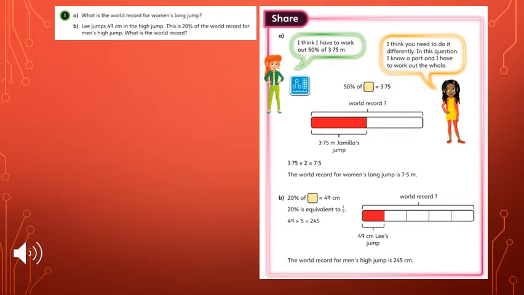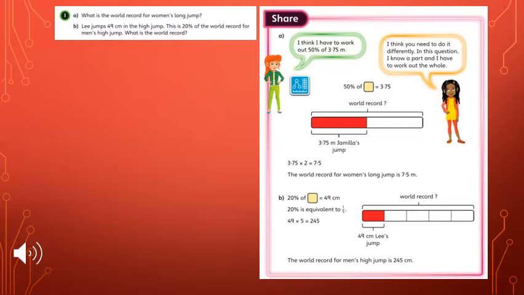Because it's divided by 2, I know that I can times the part that I have by 2 to get the whole, because if I had the whole I could divide it by 2 to give me the part that I've already got. So my sum will be 3.75 times 2, and that gives me 7.5. So I know that the world record for women's long jump is 7.5 metres.